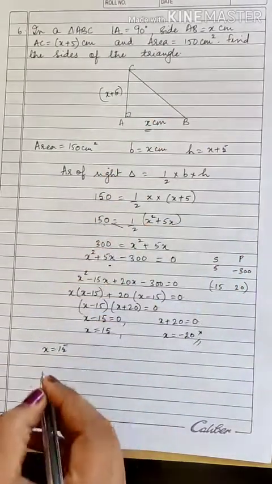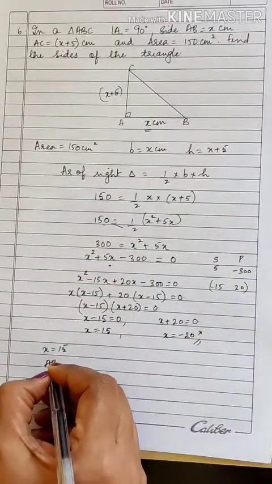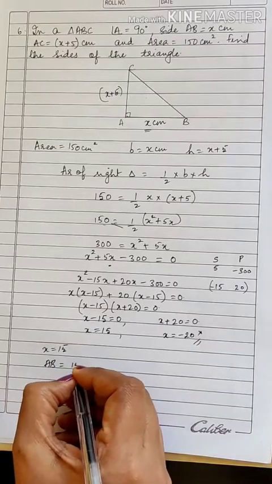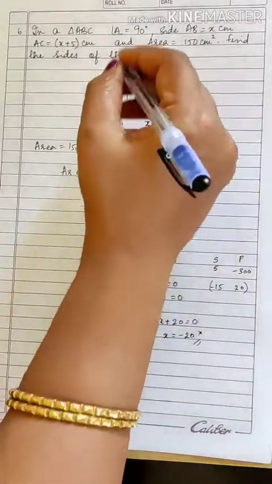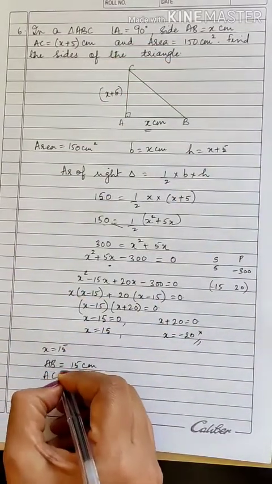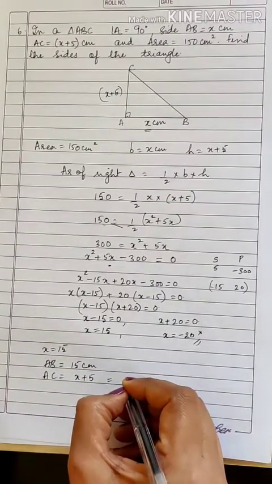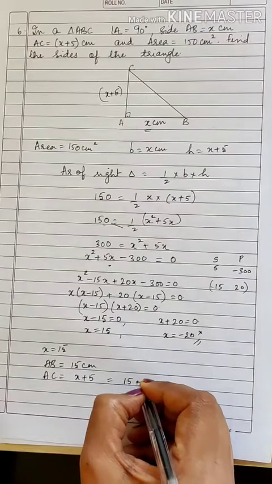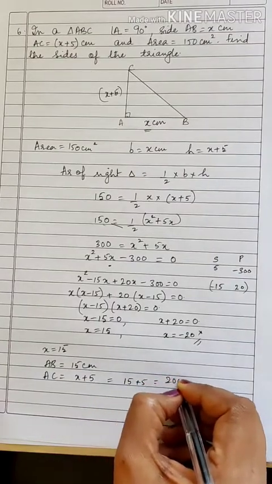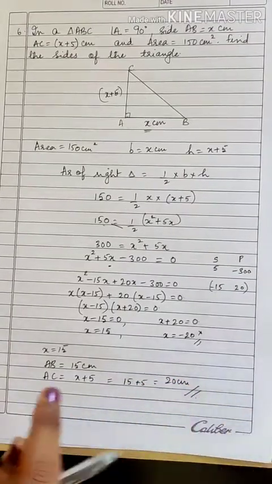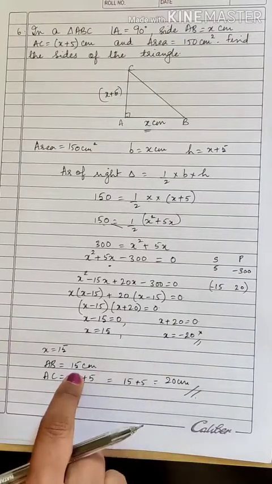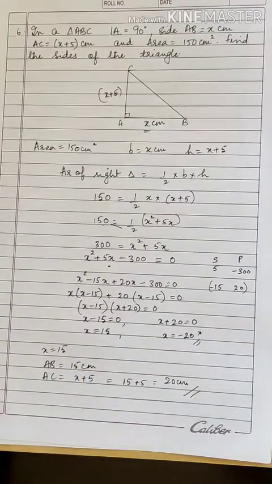Now substitute the value, you get AB is equal to 15 centimeter and AC will be equal to x plus 5, which is equal to 15 plus 5, 20 centimeter. So these are the sides of the triangle, 15 centimeter and 20 centimeter.